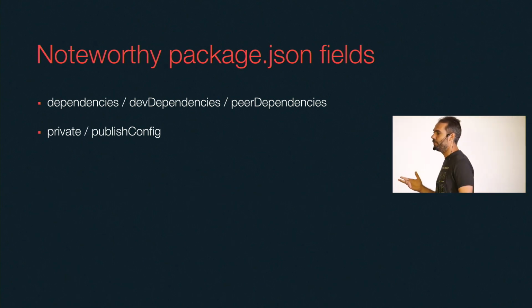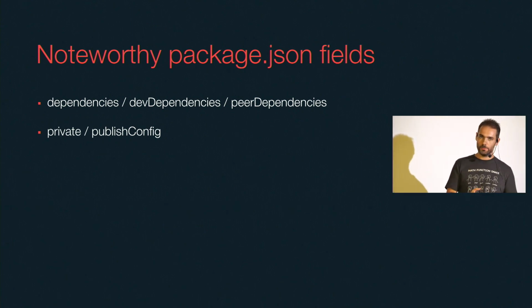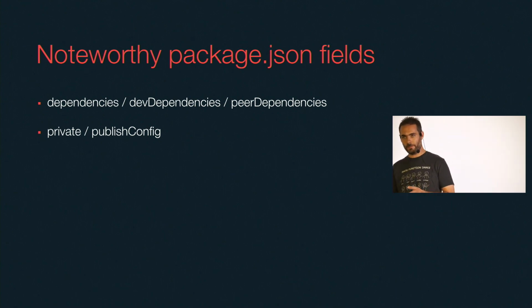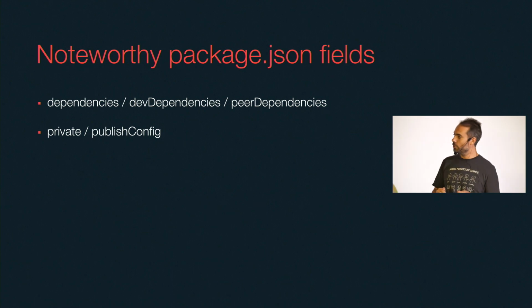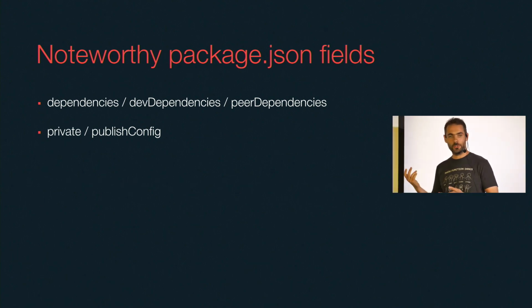Another thing is publishConfig. If you use a private registry, which is usually the case, you want to publish your module, but not to the public repo, and you switch between those registries. So when you run npm set config registry to the public registry, npm.js, and accidentally run npm publish again without remembering what the current registry is, it will publish your closed source code to the public repo.